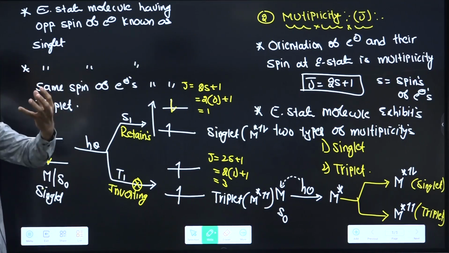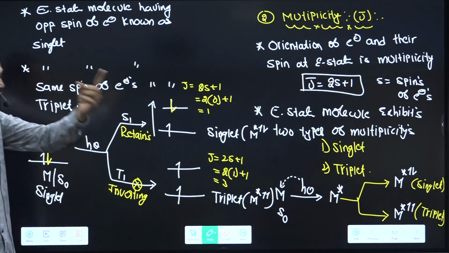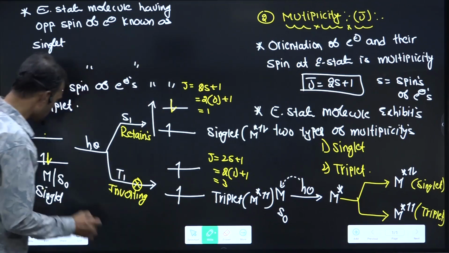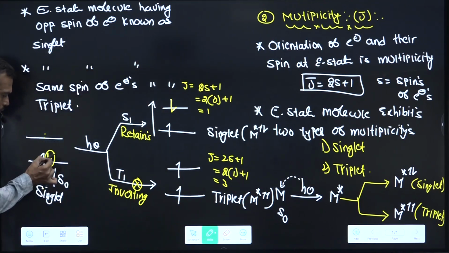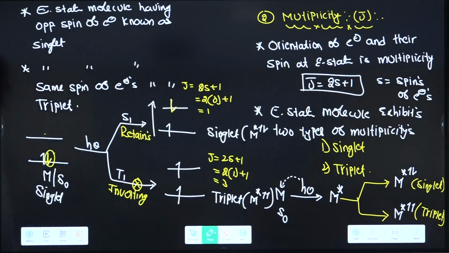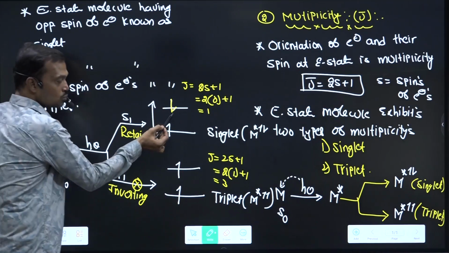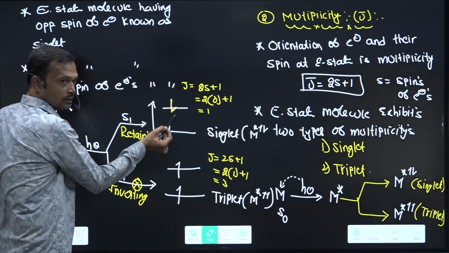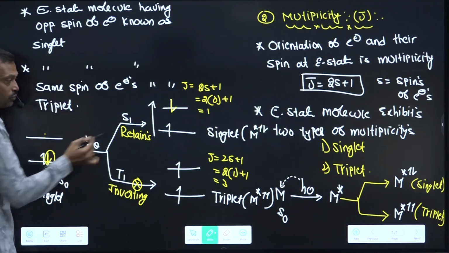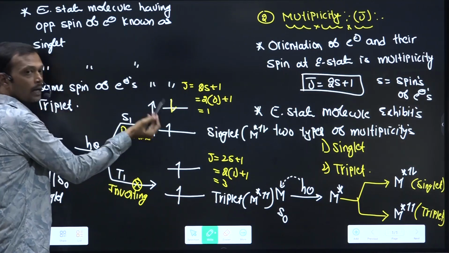When an electron absorbs energy and is excited, it retains the same spin. Here the spin of this electron is anti-clockwise, and of this one is clockwise. After absorbing energy, the electron goes to a higher energy level and remains anti-clockwise.